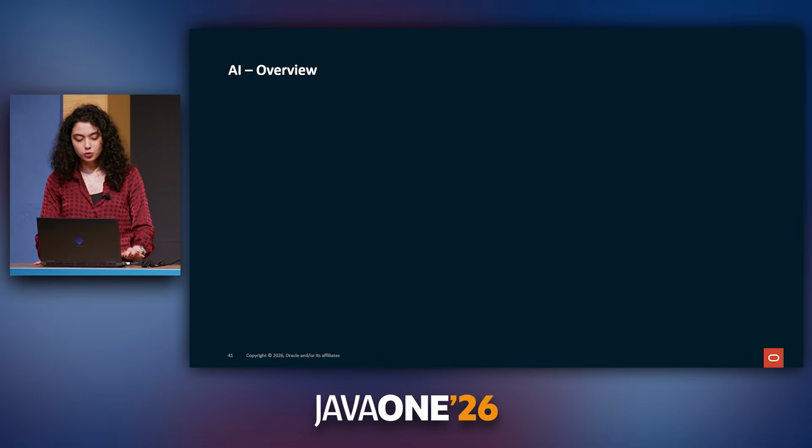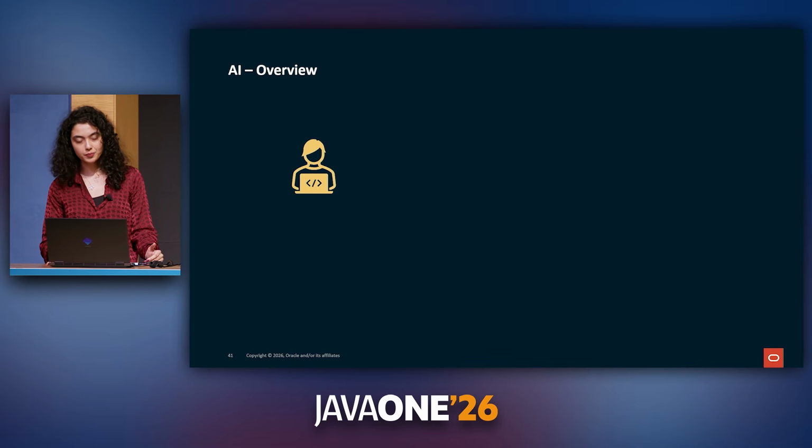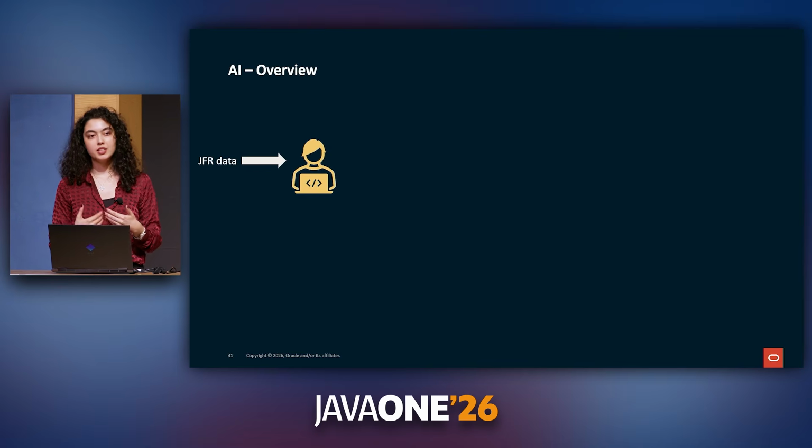So let's try to divide our problem and think through it. Imagine we have a small team of engineers that tries to make sense of the JFR data and find out if something is going wrong or not. Let's say we have a yellow engineer that receives the raw JFR data. All it has to do is look at this data, interpret it, and write a summary about the data.